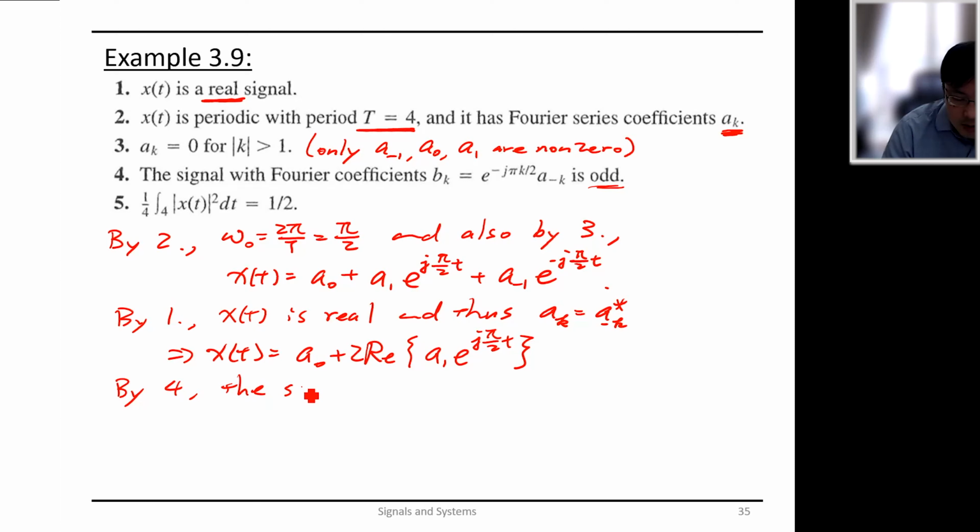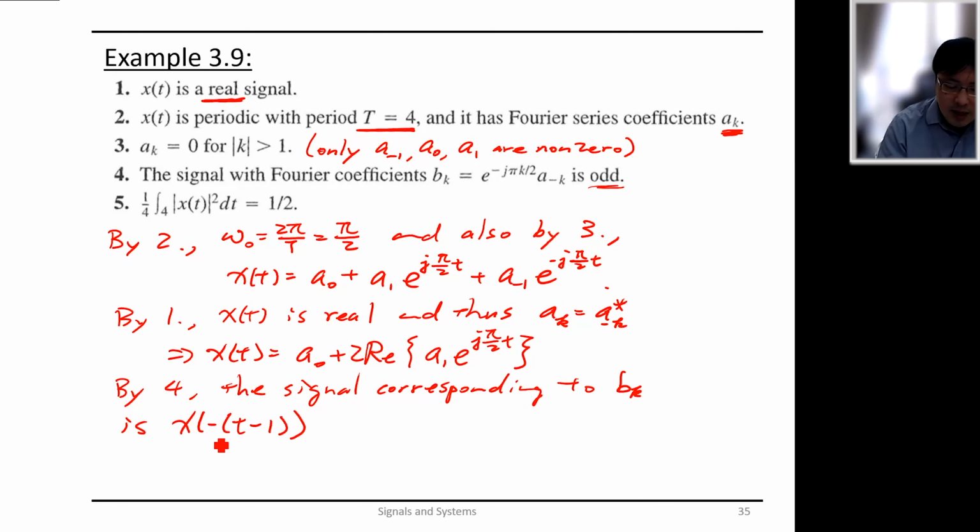So by 4, we know that the signal corresponding to the Fourier series coefficient bk is x of minus t, the time reversal, shifted by 1. So this minus t is inferred from this a sub minus k, and the time shift by 1 is inferred by this phase shift here.